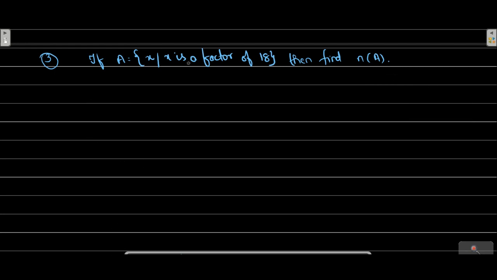Now coming to the factors of 18. So A is a set in which all the elements are the factors of 18. First and foremost thing is 1 is a factor of all the numbers. So 1 into 18 you will be getting 18, right? So 1 and 18 are the factors.